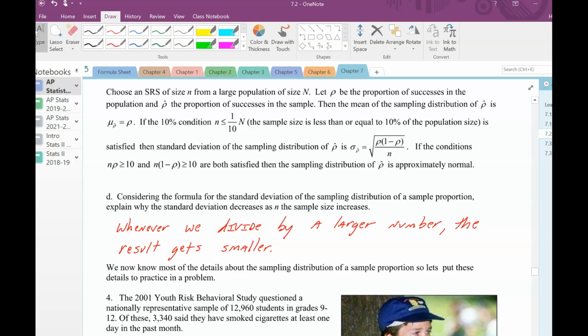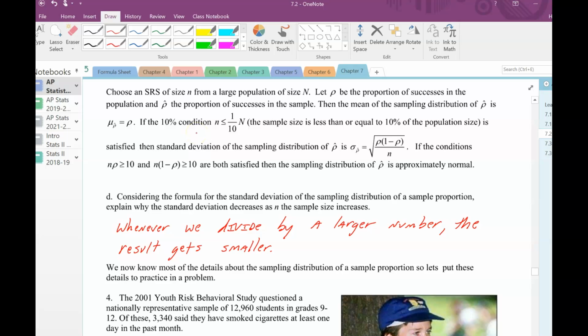But as long as we maintain our sample size to be less than 10% of the whole population, we can still apply these procedures. So it says there, if the conditions of np is greater than or equal to 10, oops, sorry, I read a little too far down. It says the mean of the sampling distribution of p hat is still the same as the proportion of success if the 10% condition is met.